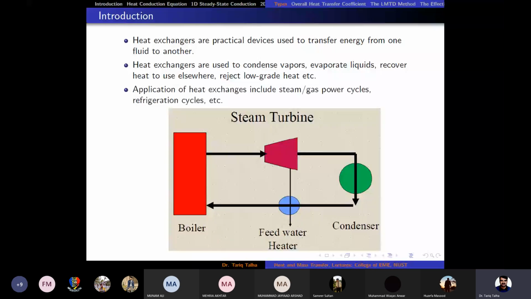So applications of heat exchangers include steam and gas power cycles, as we discussed, and the refrigeration cycle. This is just a schematic of a steam power cycle. We know the feed water heater is used for that regeneration phenomena, so I thought we could put a figure here.